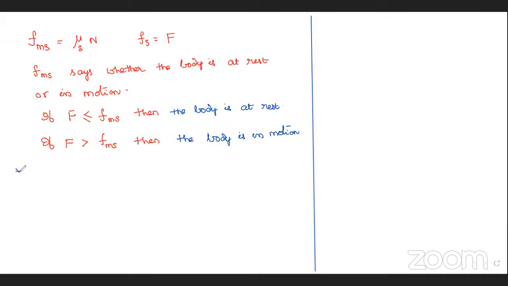If I take one example here: a body of mass 2 kg, so mg is 2 into 10, 20.